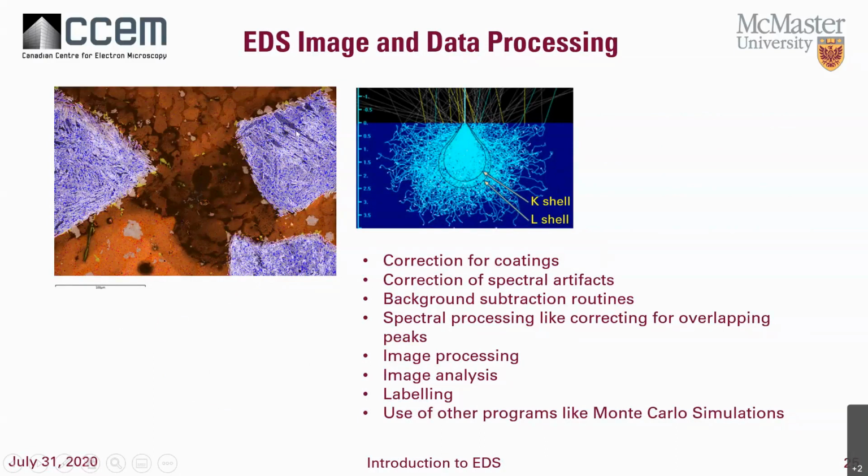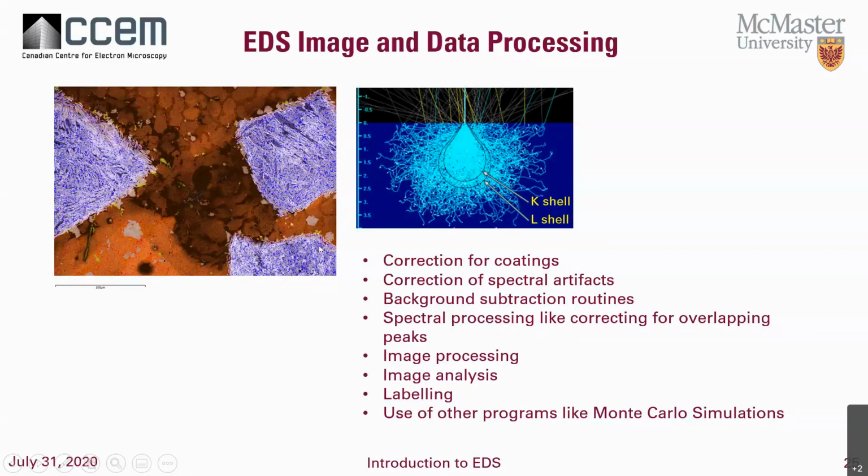So the blue is tungsten, the yellow chromium, and the red nickel, which, because there's lots of chromium, is orange here. And you can see the SEM image underneath as well. So we've basically mixed the images there.